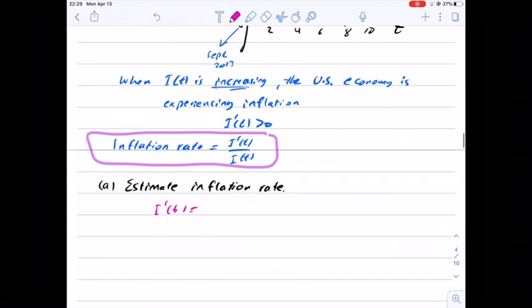The derivative of this is negative 0.0225 times 3t squared plus 0.390 times 2t minus 1.20.